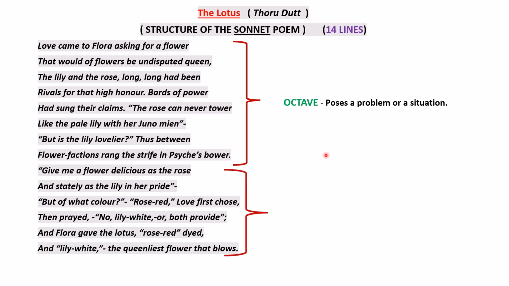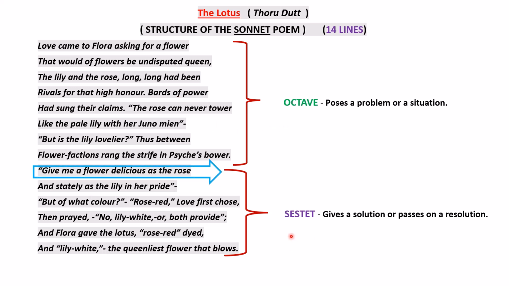Then the next 6 lines are called the sestet, which gives a solution or passes on a resolution, a kind of consensus, meaning they agree upon a solution. That is called a sestet. So first 8 lines octave and next 6 lines are called sestet.